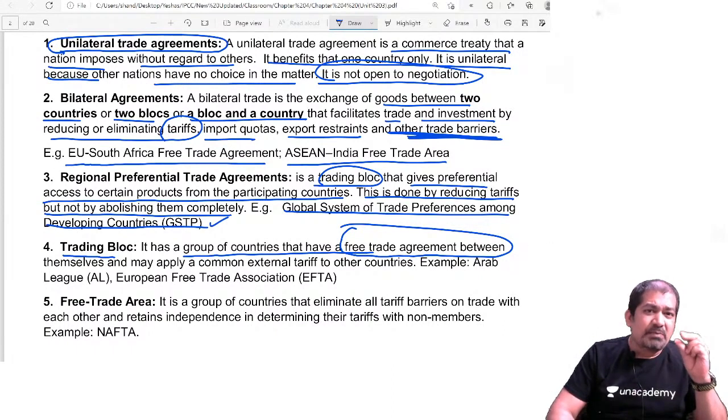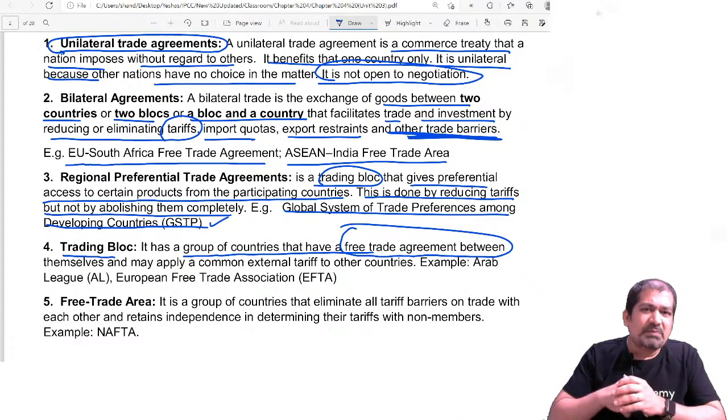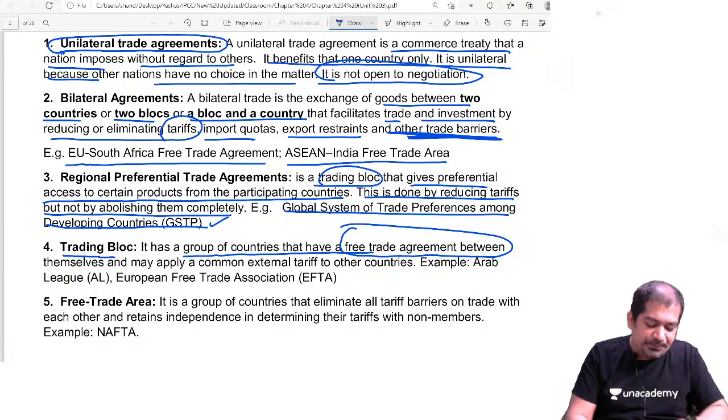It means the import duty will never become a barrier to trade. So each of these countries will reduce the import duty when importing from each other, who are part of a bloc themselves, and may apply a common external tariff to other countries.